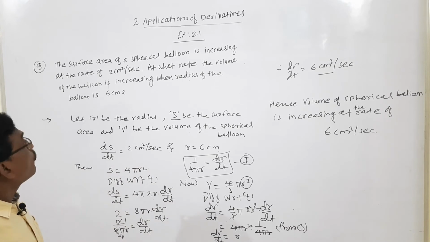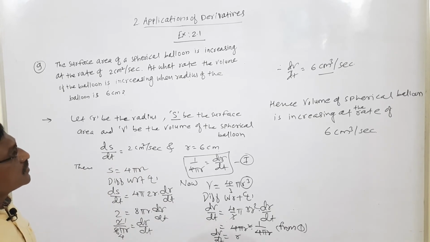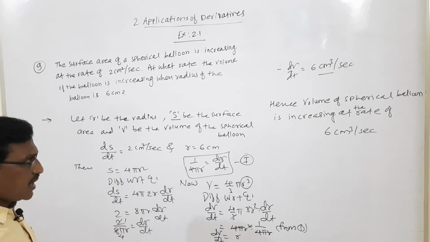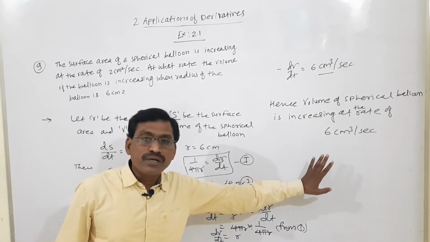Hence we have found that the volume of the spherical balloon is increasing at the rate of 6 centimeter cube per second.